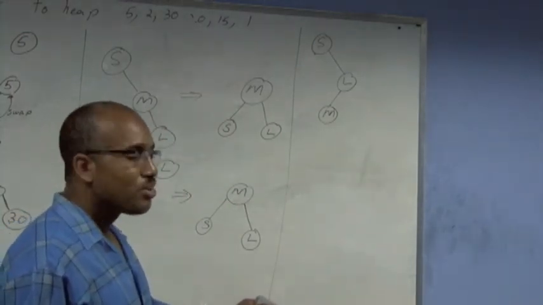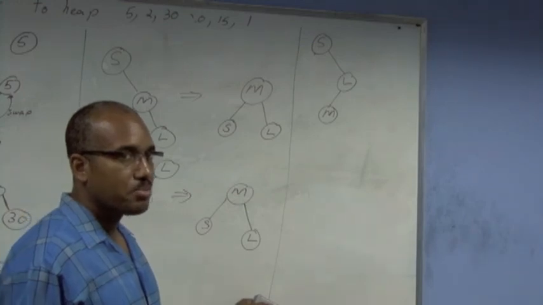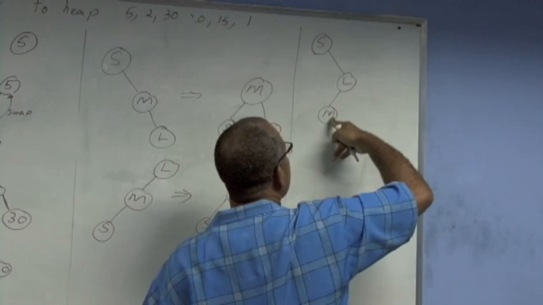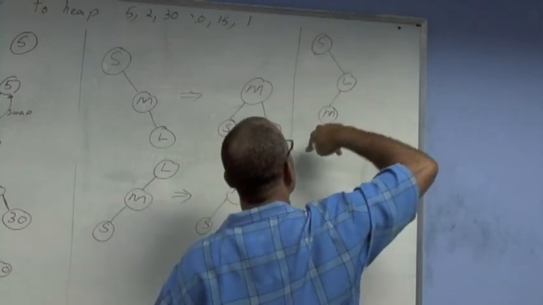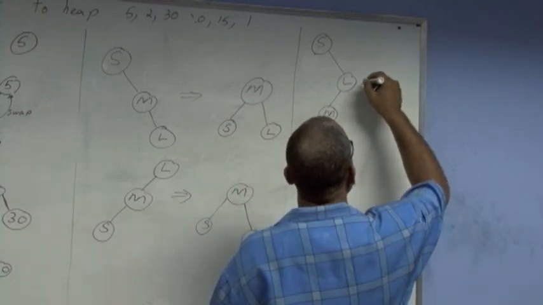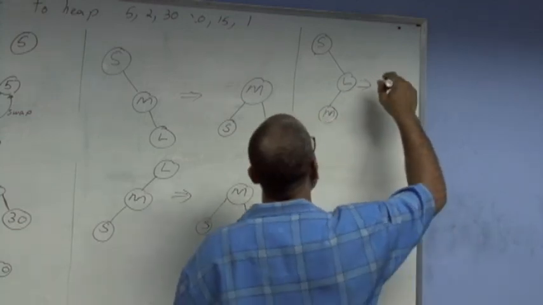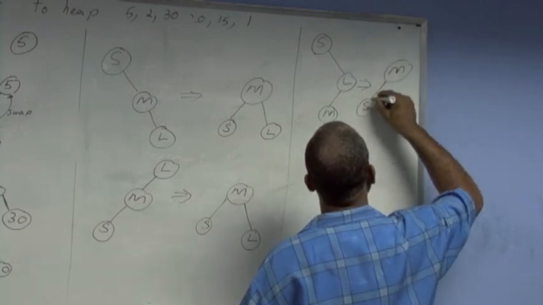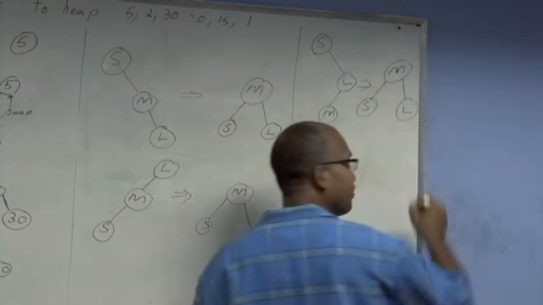Now, if you're writing a program to do that, you need at least 2 steps. You'd have to rotate the large around and then take the smaller off and put it over here. But the important thing to note is that the ending configuration will always be medium, small, large.